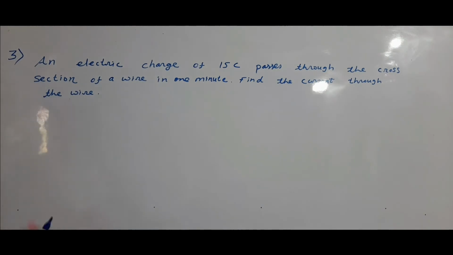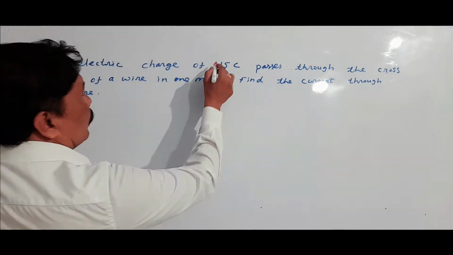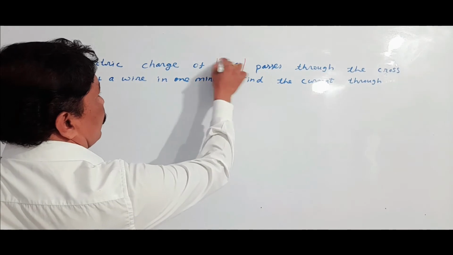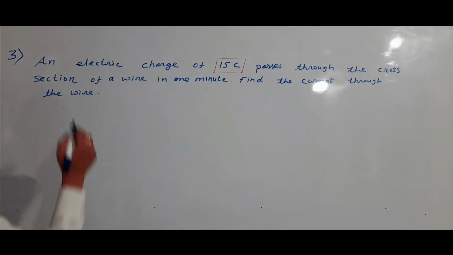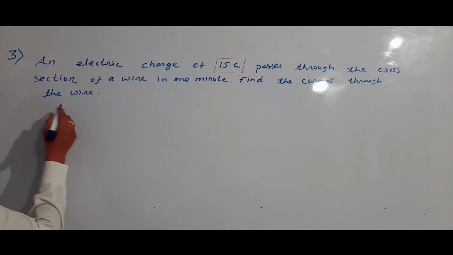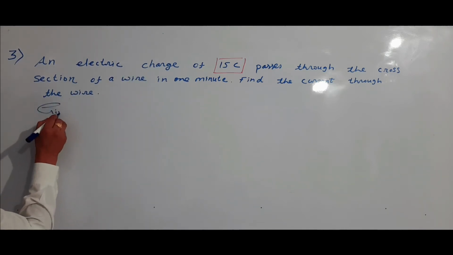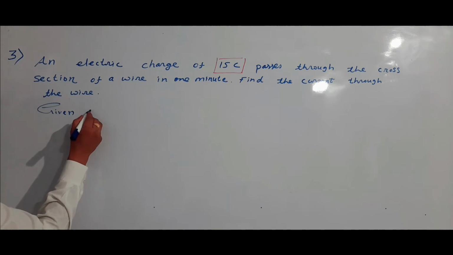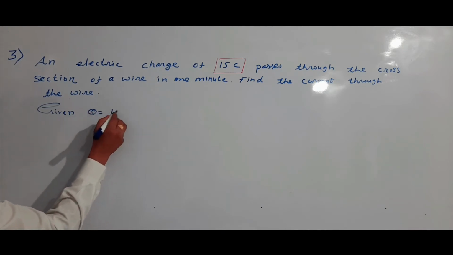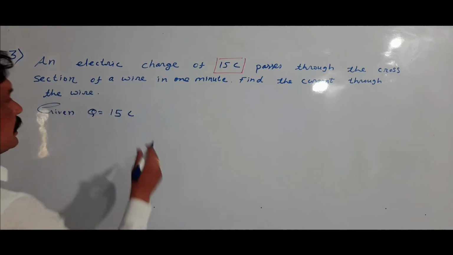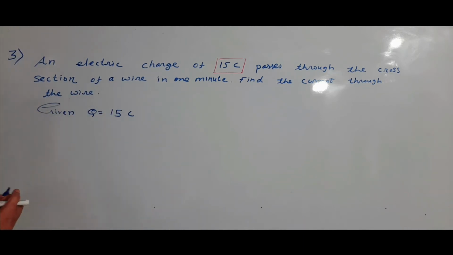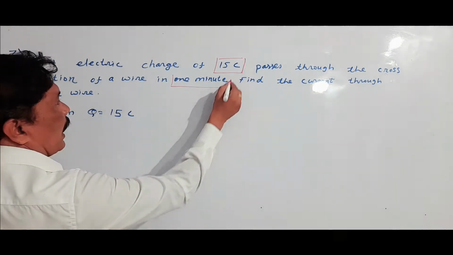My dear student, we are given two values. One is 15 coulomb, and coulomb is a unit of charge, and therefore we'll write Q is equal to 15 C. The second value which is given to us is time, 1 minute.